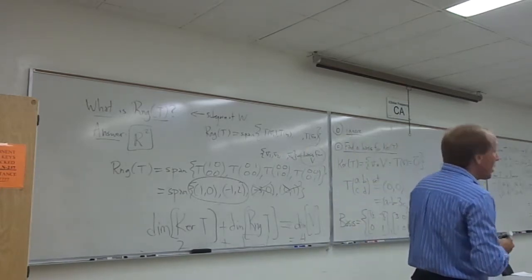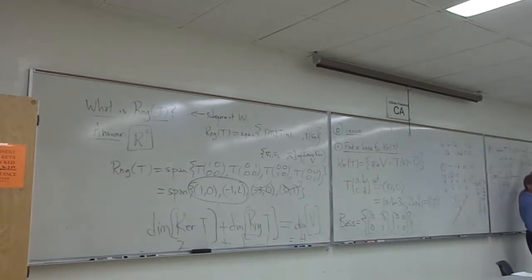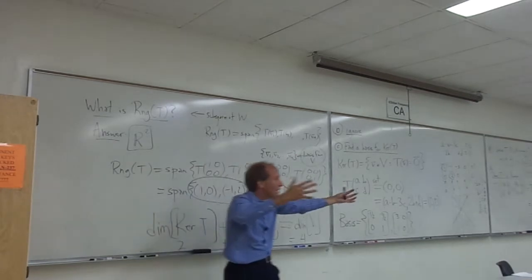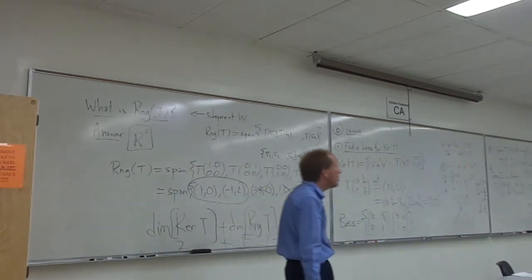And at the same time, the dimension of the whole W is also 2. The whole capital W is only 2-dimensional. You just concluded that the range is 2-dimensional, so the range must be the whole W, because they have the same exact size. Would we be able to just do that? Yeah, you could just do this.